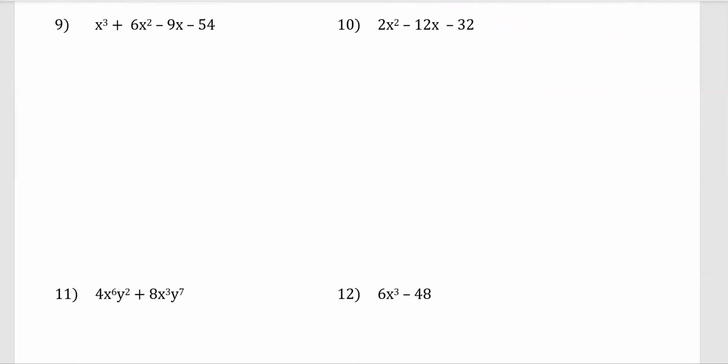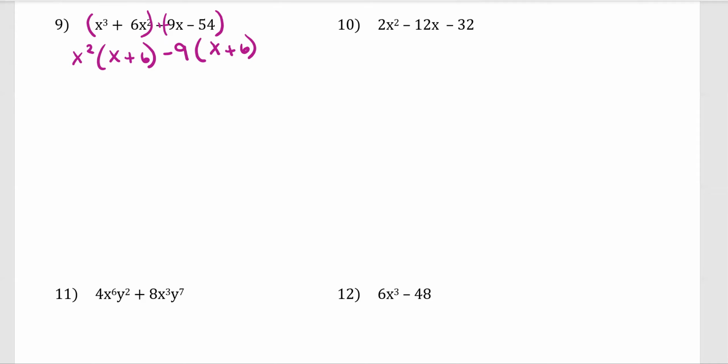Number 9, we don't have a greatest common factor, and we have 4 terms. So we need to factor by grouping. Group the first two, attach the negative inside the parentheses to the 9. Greatest common factor is x squared. The leading coefficient is negative, so factor out a negative, in this case negative 9. Negative 9 times x is negative 9x, and negative 9 times 6 is negative 54.